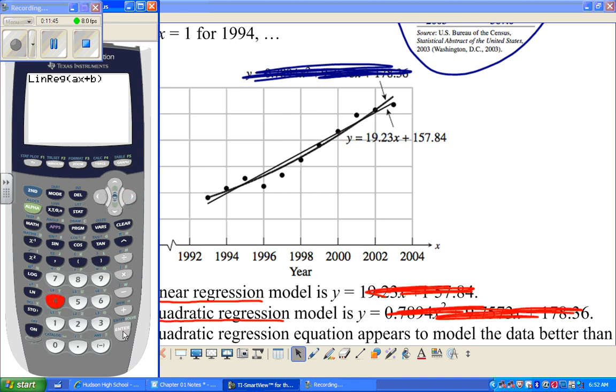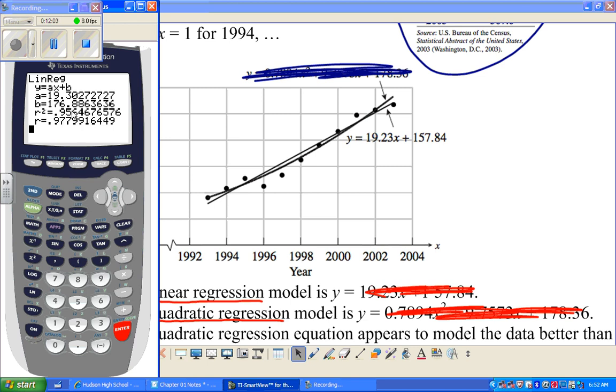So if I do 4 first, I get all of this data. This is telling me that the A value would be 19.3, the B value would be 176.9. This R squared is what we're interested in.